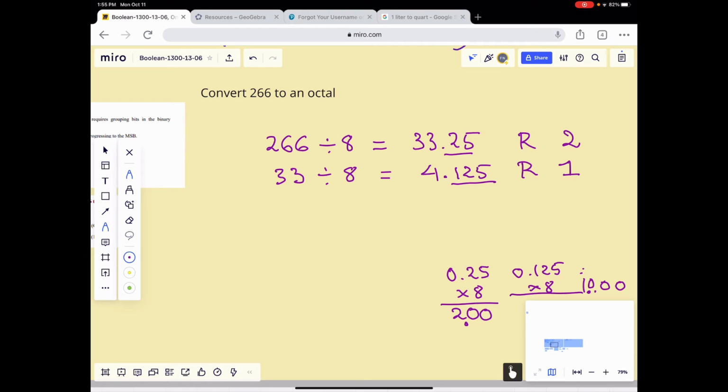And then you take 4 divided by 8 equals 0, and the remainder is 4. So then you read 4, 1, 2 as the octal number.